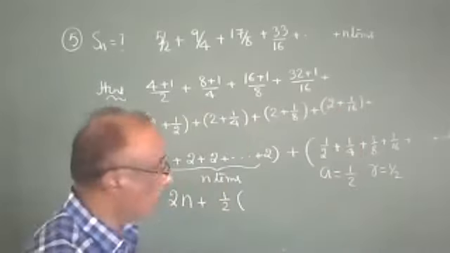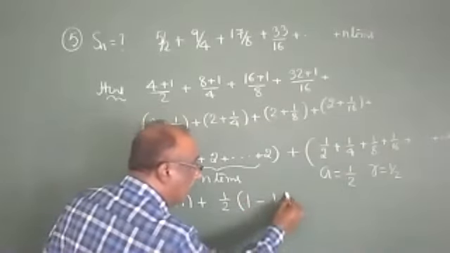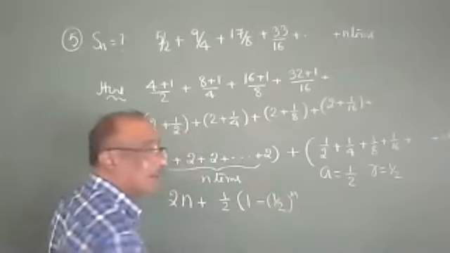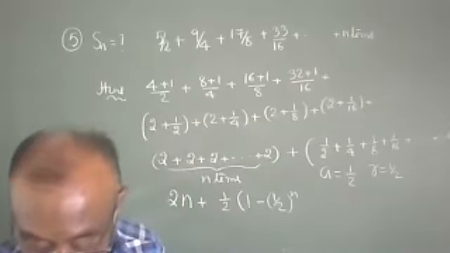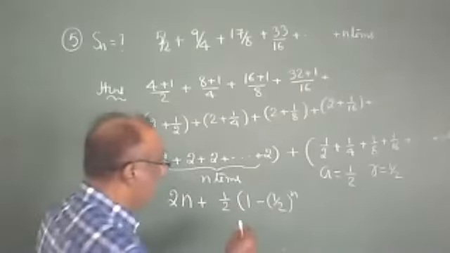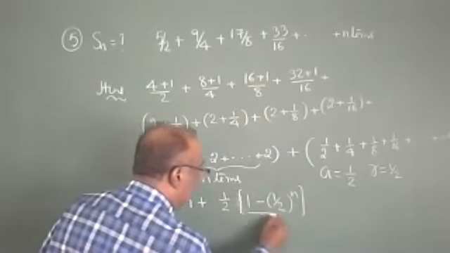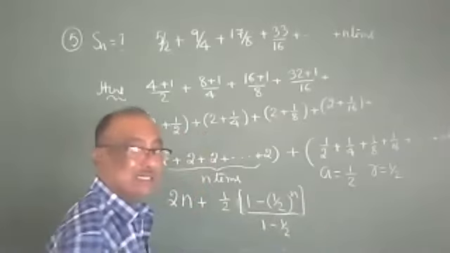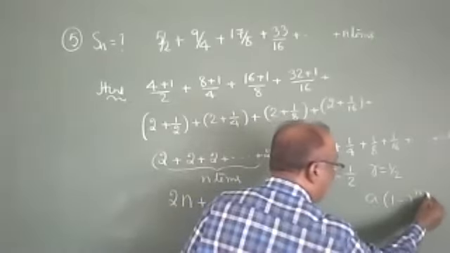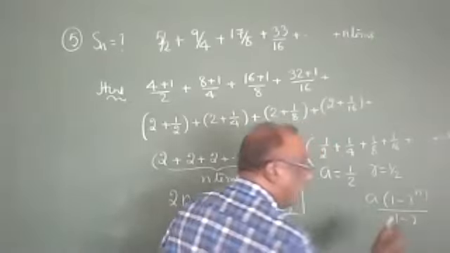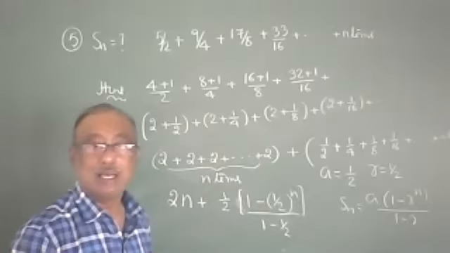The Sn formula is A into 1 minus r to the power of n, by 1 minus r. Here r is 1 by 2, so 1 by 2 to the power of n, and the denominator is 1 minus 1 by 2. Okay? Now this is the Sn formula I will write here. Simplify, everyone.